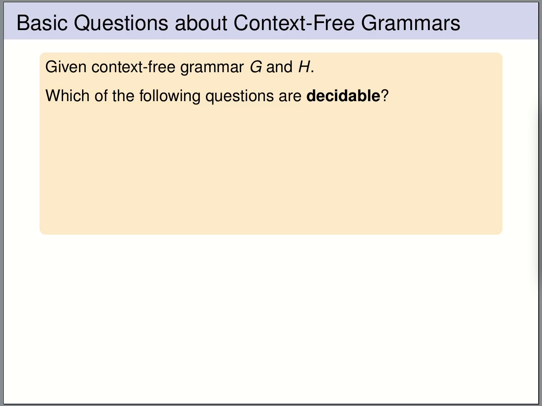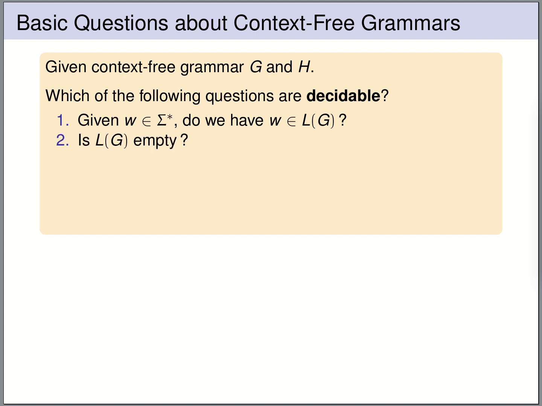Now let's have a look at properties of context-free languages and whether these properties are decidable, so whether we can write a program that tells us whether the property holds or not. Given two context-free grammars, G and H, the following questions are quite natural and we would like to know whether they are decidable. So for instance, given an input word W, can we decide whether W is in the language of the grammar?